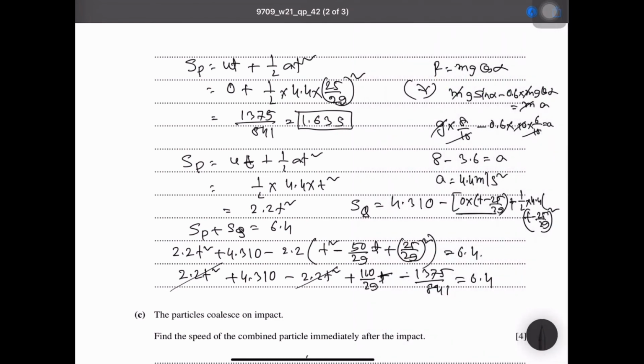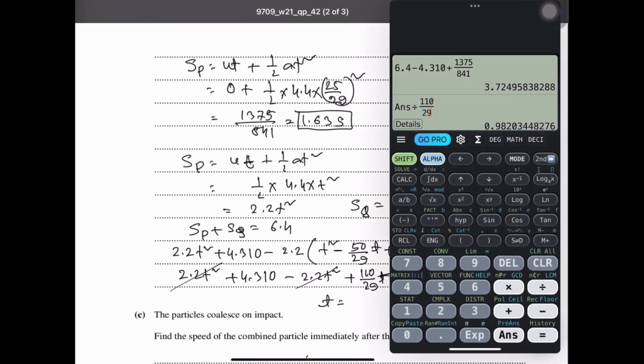So your answer is becoming now t equals 0.982.